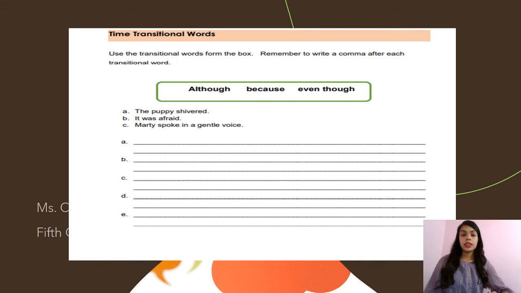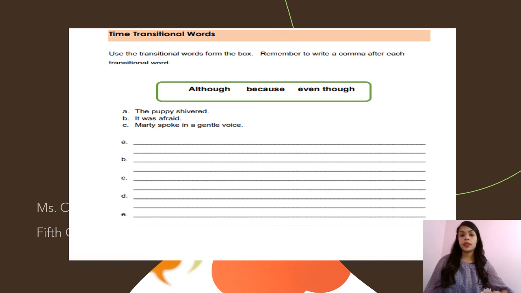Okay, now this is the activity you're gonna do today. You're gonna write 5 sentences using although, because, and even though. Remember that it doesn't matter where you put the transition words. You always have to use a comma after the word although, because, even though.